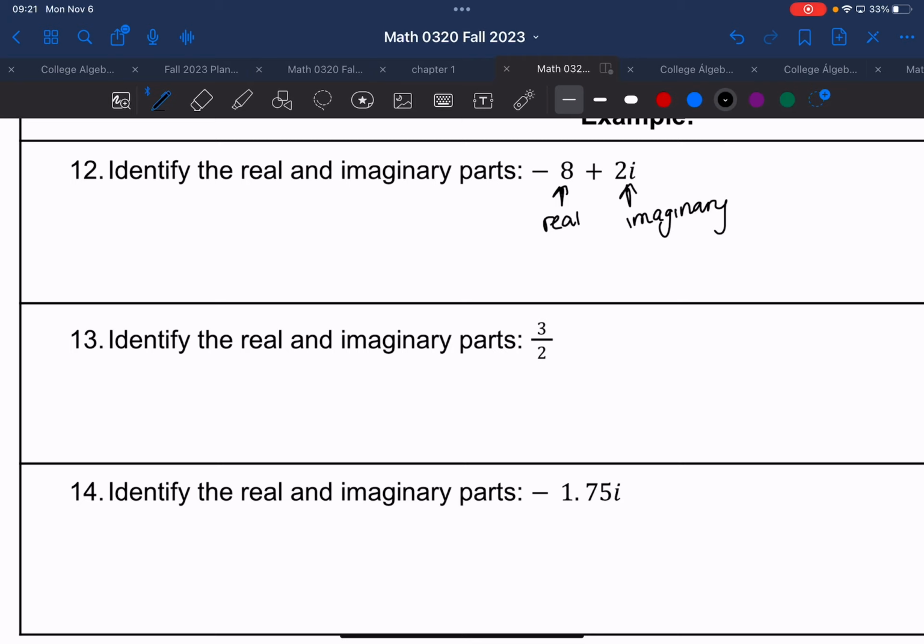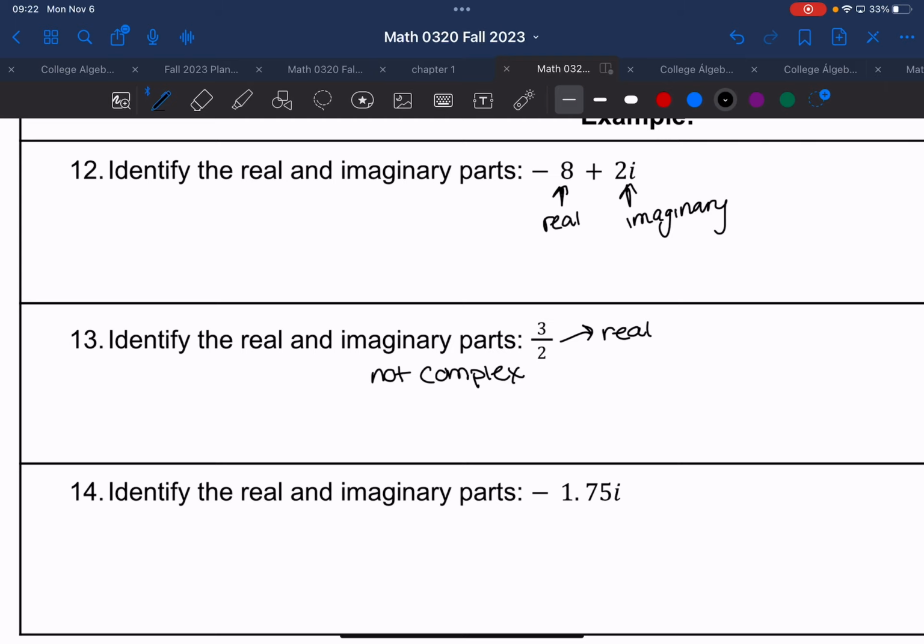For number 13, we have 3 halves. So first of all, if we just have 3 halves, is this a complex number? No, it's not complex, because the only part of the number we have is what? 3 halves is real. Think of real as something you can count to.